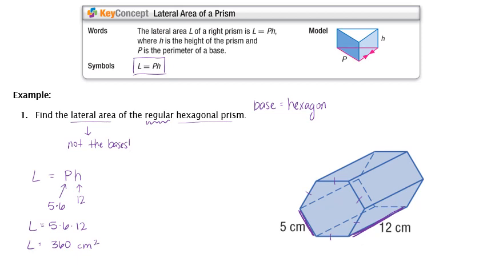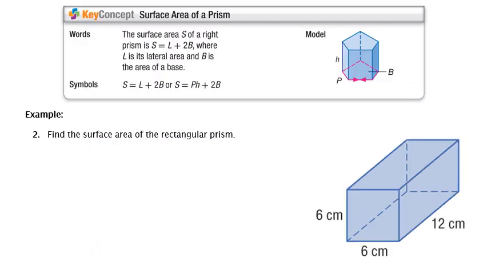Okay, let's talk about surface area. This is just lateral area, where we're looking at the lateral faces and the area of those. Surface area is going to be similar, but this time we're going to add in those bases. We often refer to the surface area as S. When we're talking about a right prism, the surface area is going to be equal to L, remember, that was our lateral area, plus 2 times our base.